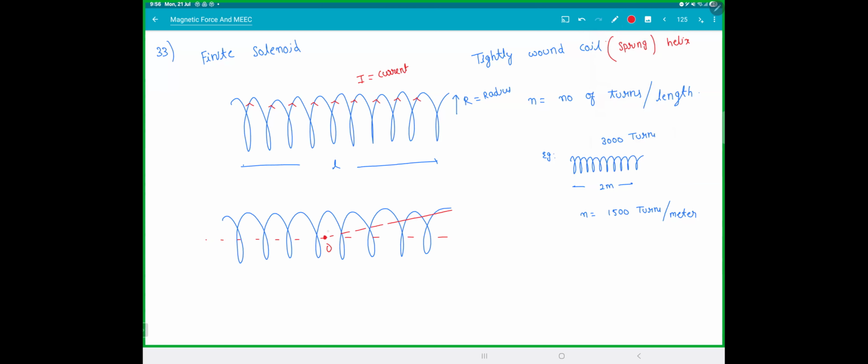So from here, if you go to the corner, and from here, if you go to the corner with the vertical, this angle is beta and this angle is alpha. So this is a point on the axial line which makes angle alpha and beta with the vertical with the two corners.